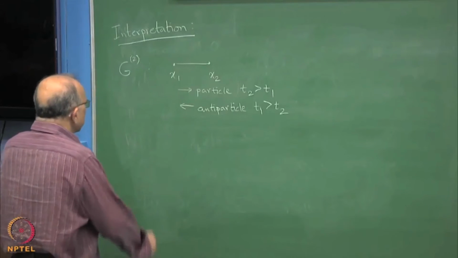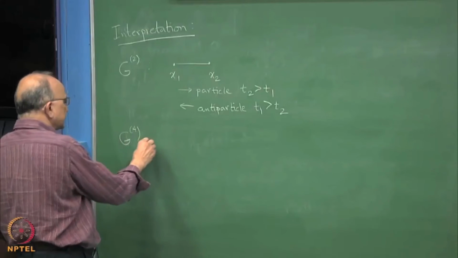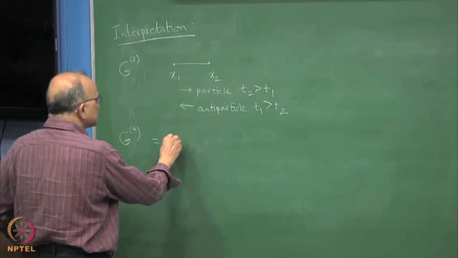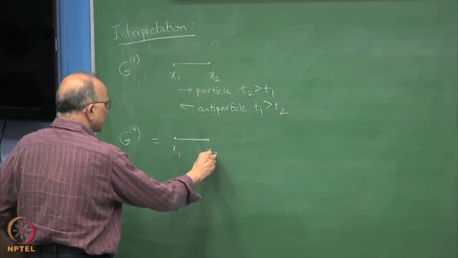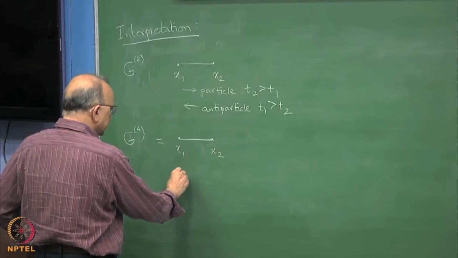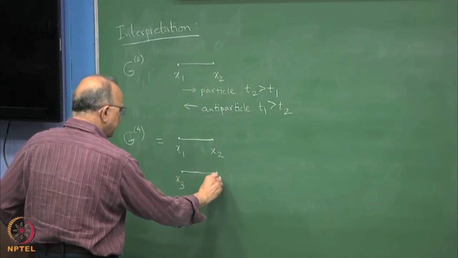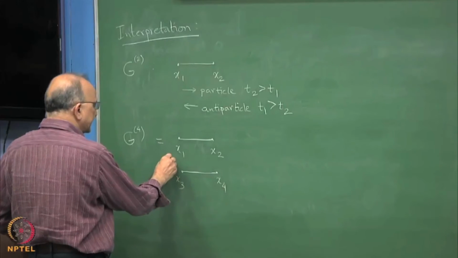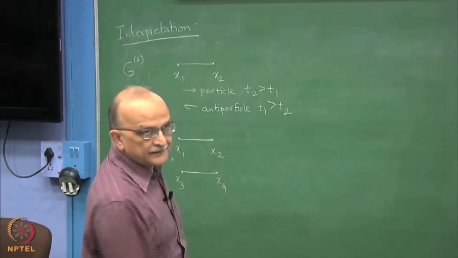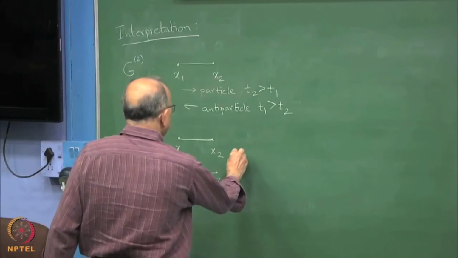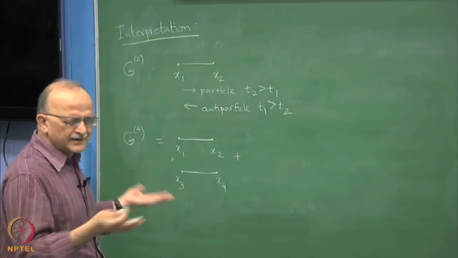Okay. Then the G4 has the interpretation that it is equal to x1 x2 times, so there is a cross between the two, x3 x4. So these amplitudes are just multiplied to each other, the product of the two deltas. Plus sign. So this plus sign is in the sense of linear superposition.